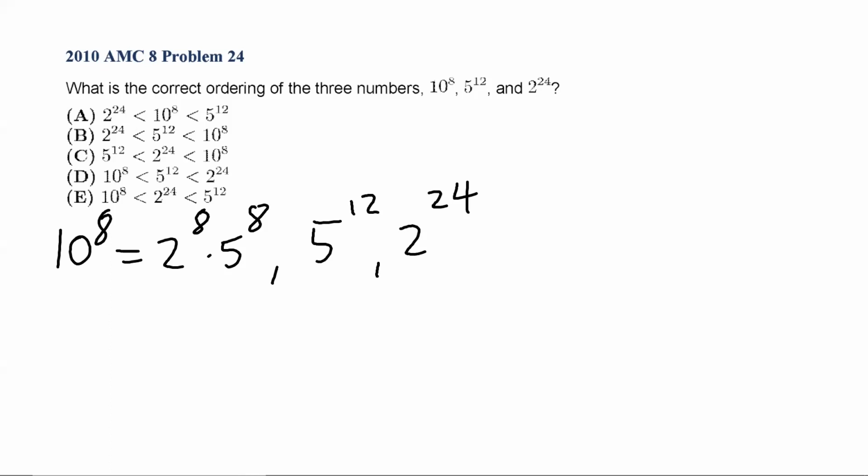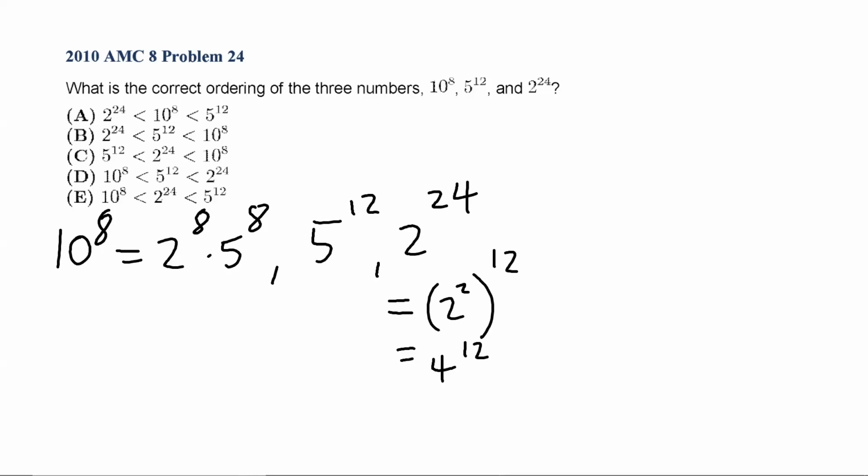The easiest thing to notice here would be that 2 to the 24 is actually equal to 2 squared to the 12, which is equal to 4 to the 12.